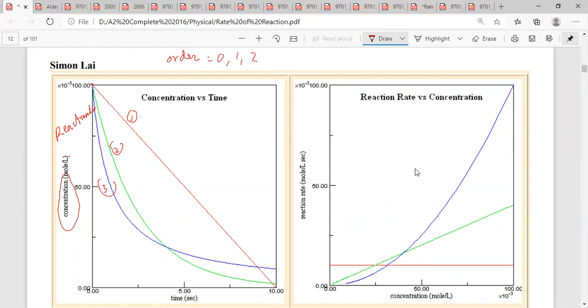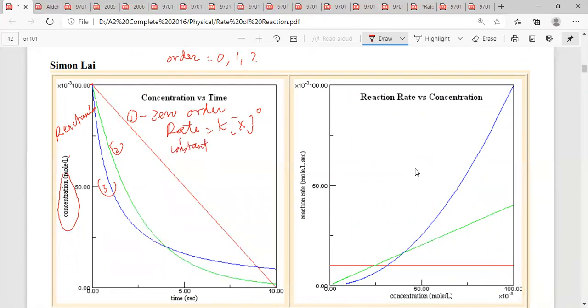The straight line is of course 0 order. Why? Zero order means rate is equal to k, and your x here is power 0. That means the rate is a constant.